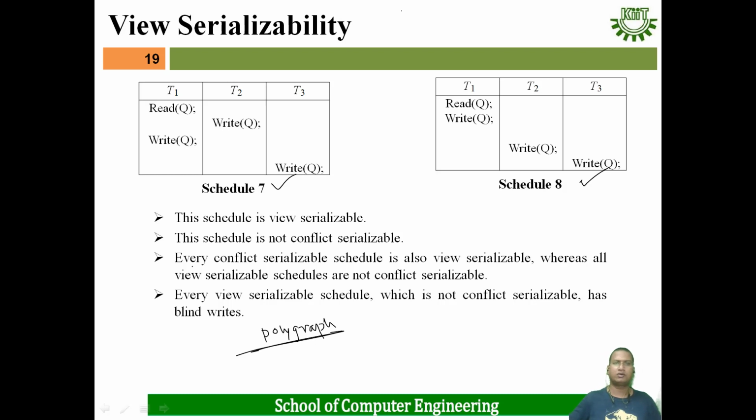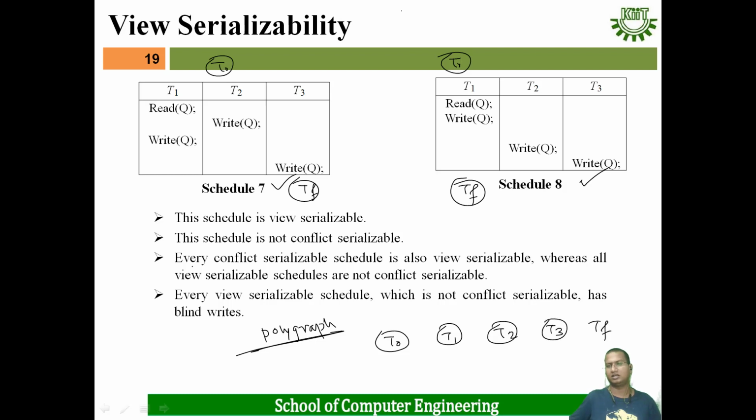How to draw the polygraph? First, you have to take one transaction T0, another transaction TF. All the transactions you have to write as nodes. For schedule 7 I am writing T0, then T1, then T2, then T3, then TF.